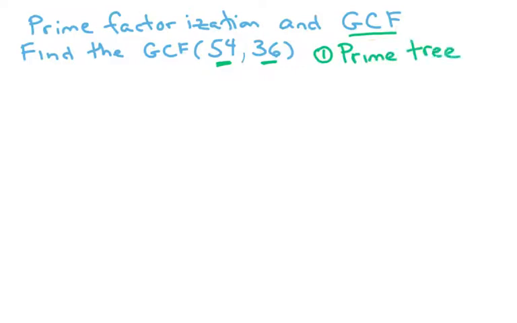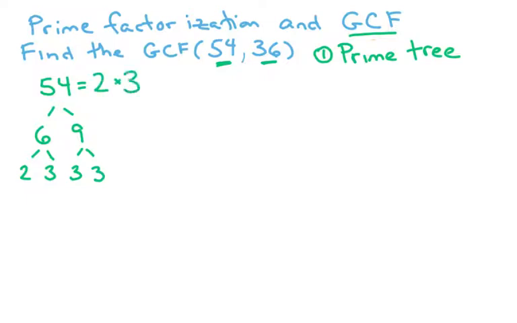So make a prime tree. Let's start with 54. I know that this is 6 times 9, and we can keep going because 6 is not prime. 6 is 2 times 3, and 9 is 3 times 3. So what do I have? I have 54 equals 2 times 3 cubed.